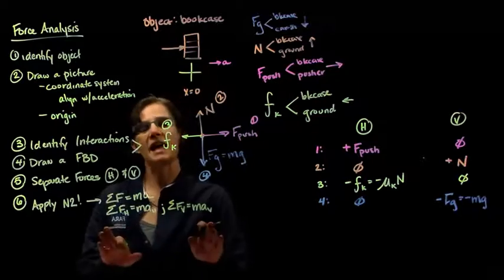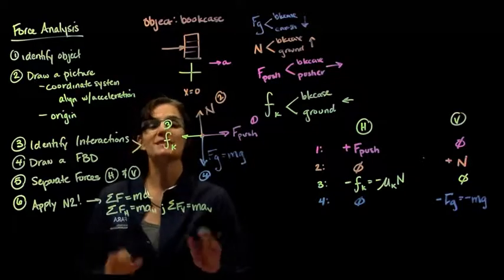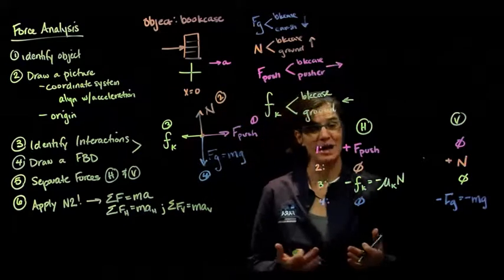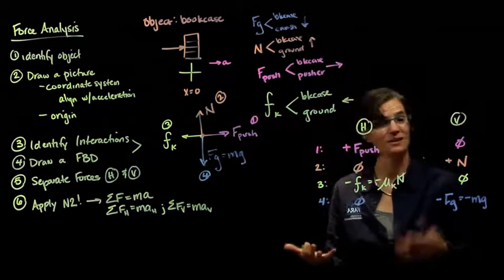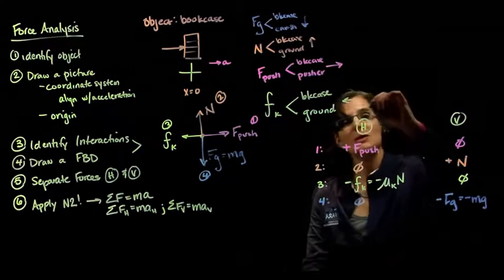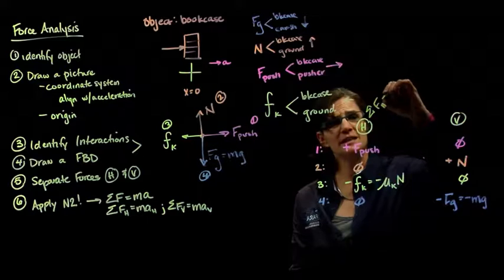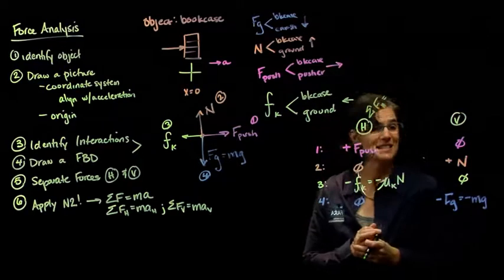So this is that separated Newton's second law, separating the two forces and then looking at how there is a net force in the horizontal and the vertical direction. So we're going to sum the horizontal forces and we're going to decide, is there indeed an acceleration?